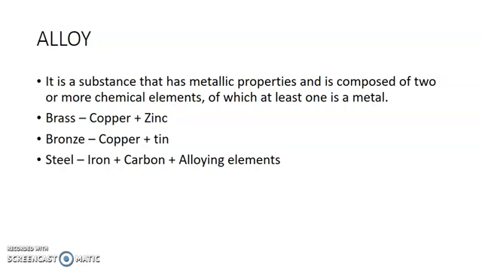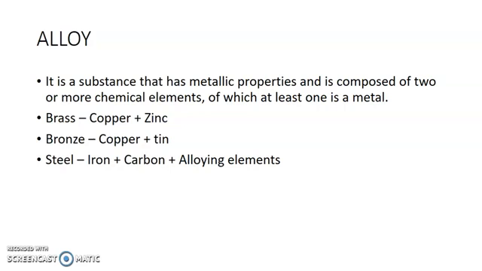So normally an alloy is a substance which has a metallic property. Along with that we can add two or more chemical elements in order to enhance the physical property of the material. Some of the ancient alloying elements are brass and bronze.